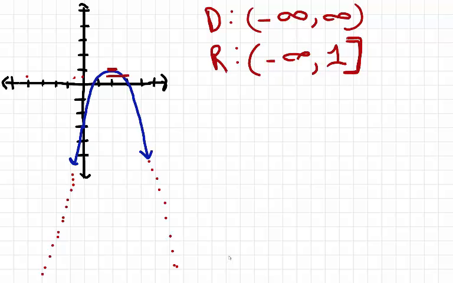Next, we want to find any intercepts. To see if we have any x-intercepts, we look to see where the graph is crossing the x-axis.